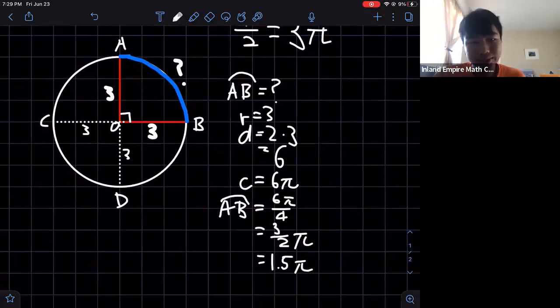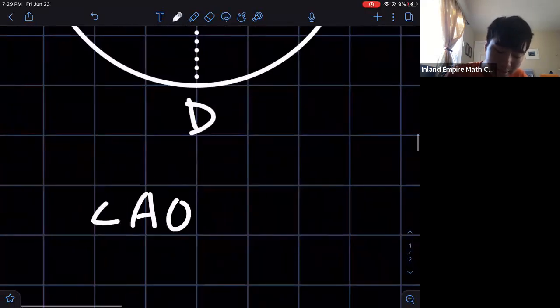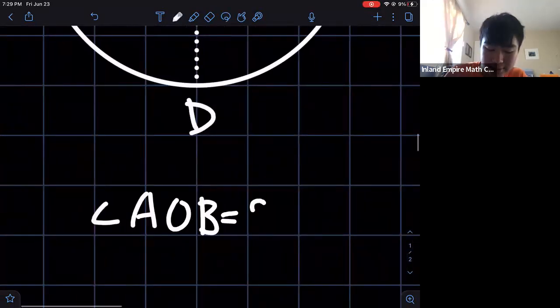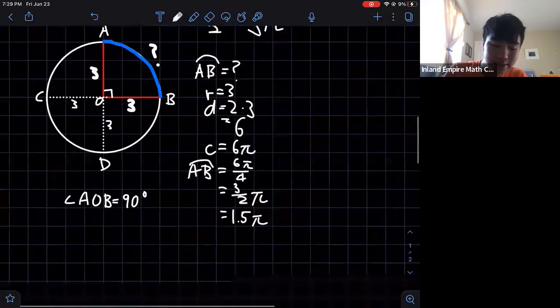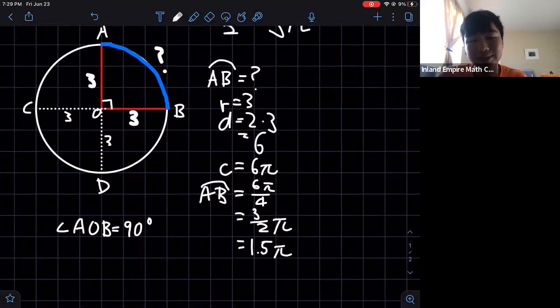Now, notice something here, actually. Notice that the angle formed between AO and B, or AOB, is actually 90 degrees. An easy way to think about why this is 90 degrees is to think about a circle not just as arcs, not just as a piece of a circle, but actually as an angle.